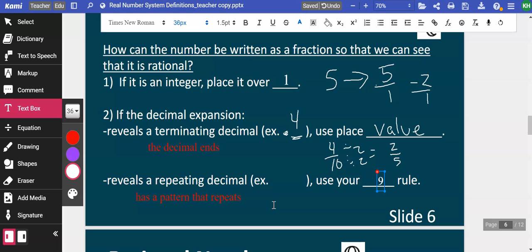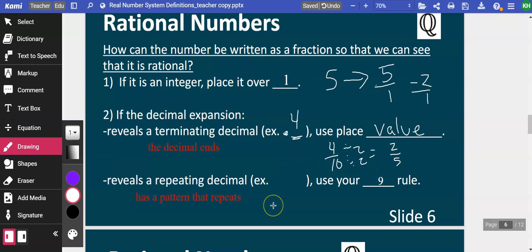Let's say that we had 0.2 and it was repeating. So that would be 0.2222 and it would never end. Well, if there's one number in that pattern, you would write it over 9.